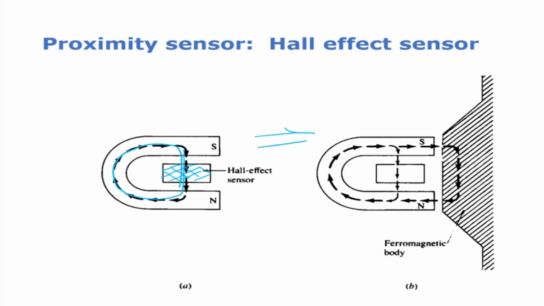The moment a ferromagnetic material comes in front, the magnetic lines of force are pulled out, and they go out now. Here you have magnetic lines of force going through, here they are not going through. So immediately the sensor understands that something has come in front, and this is again a ferromagnetic body. It works for ferromagnetic bodies only.